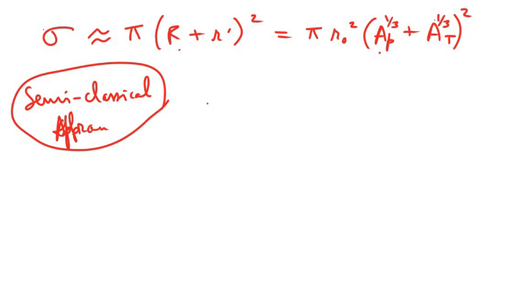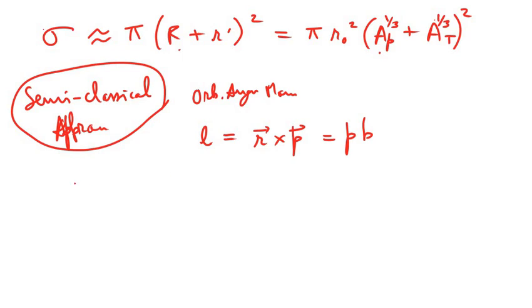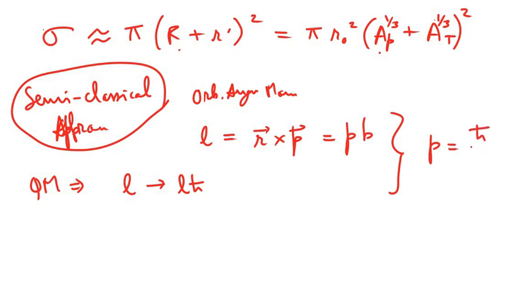So using the classical mechanics, let me write down the orbital angular momentum. We have L equal to r cross p, and this is just p into b. Now if we use quantum mechanics, L is replaced by l h cross, and so we can write p as h cross by lambda cross.